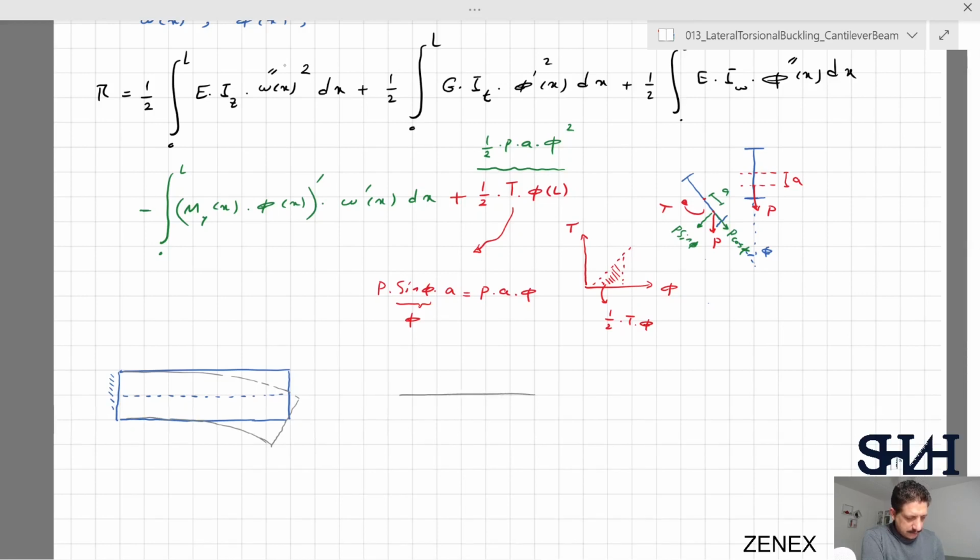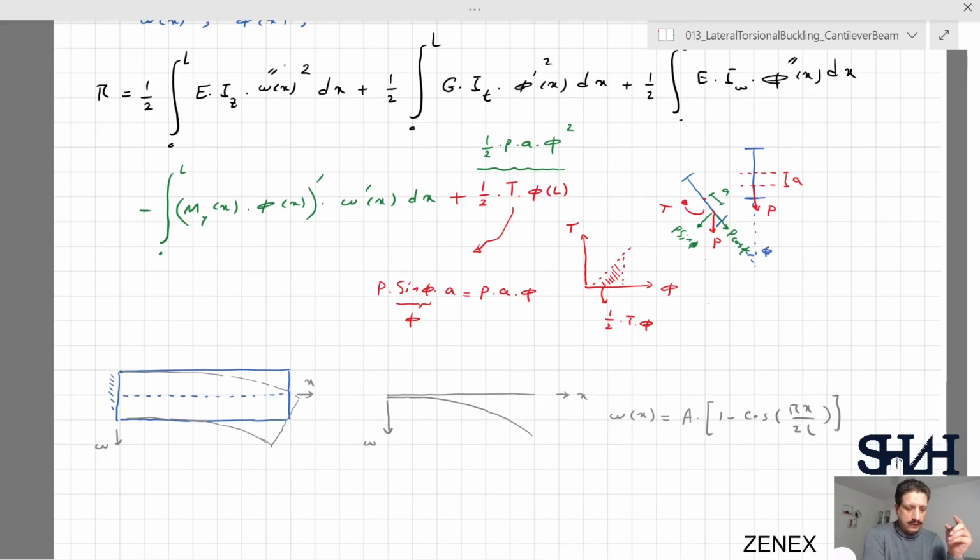And now if we sketch it as a line, it looks like cosinus. And we have to write down one admissible function for omega, which is, for example, here, A times 1 minus cosinus pi x divided by 2L.